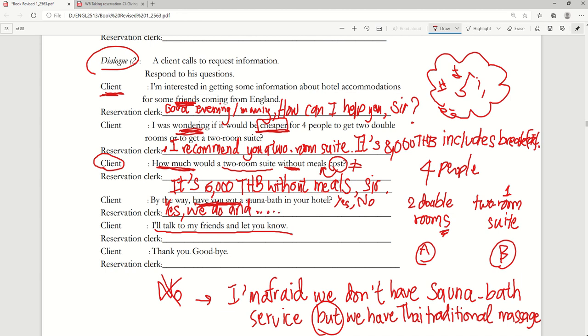I'll talk to my friends and let you know. Then reservation says, remember that in this situation, the client calls the hotel in order to get the information for his friends, right?